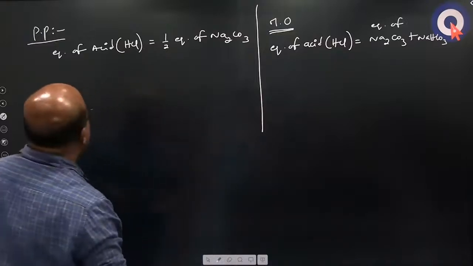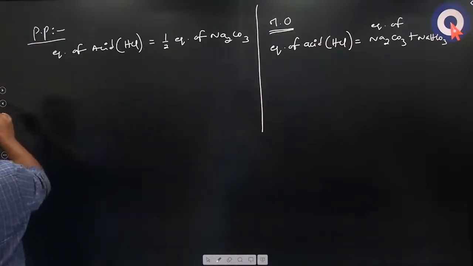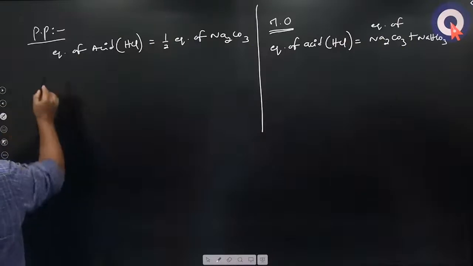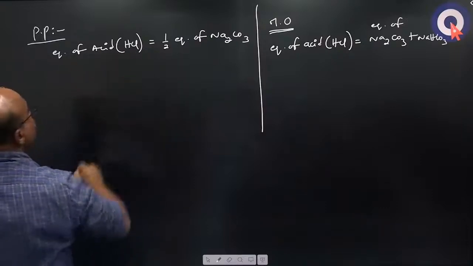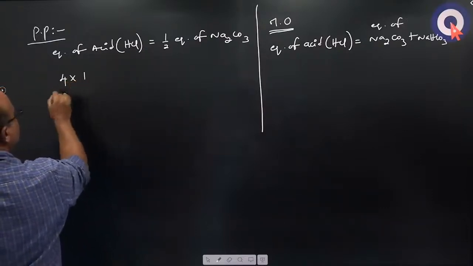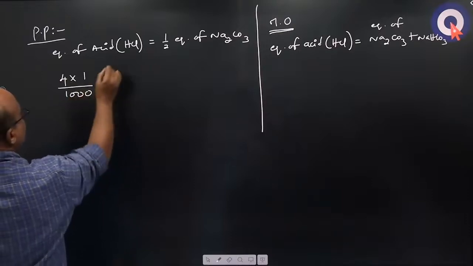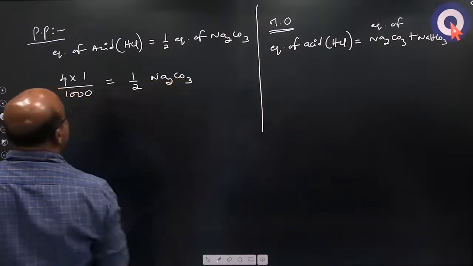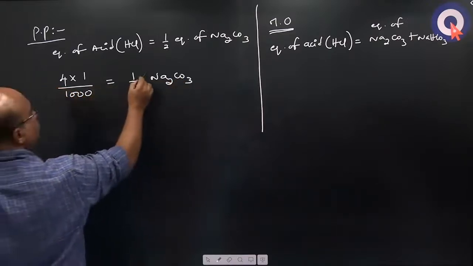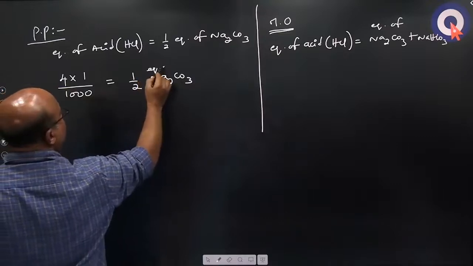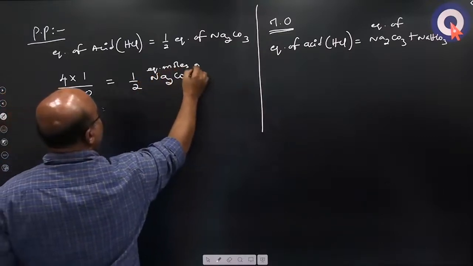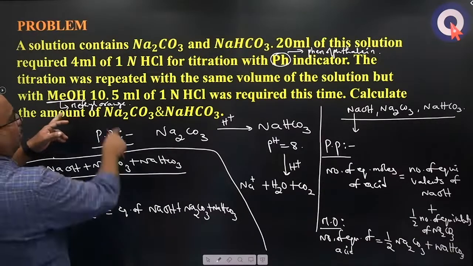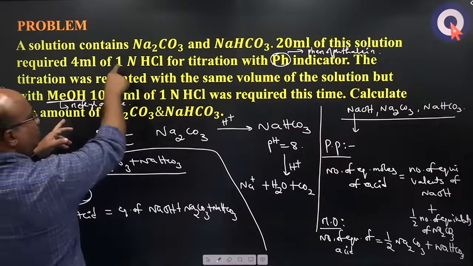So let us see how many equivalents of HCl were used in the phenolphthalein case. 4 ml of 1 N, so 4 into 1 by 1000 is the number of equivalents of HCl. It is half of Na2CO3. What was the next thing? For methyl orange, 10.5 ml of the same.